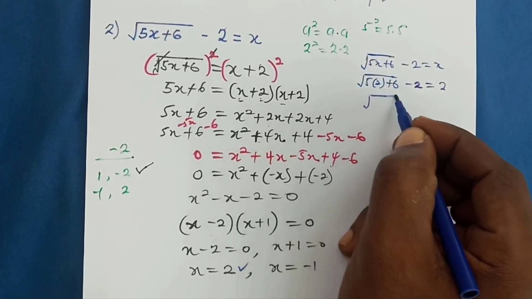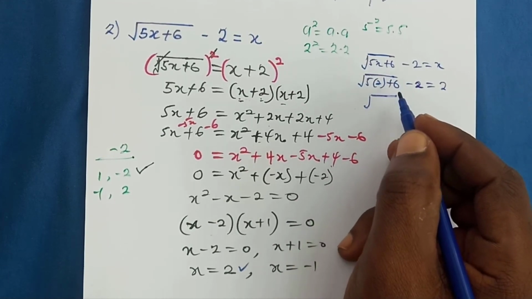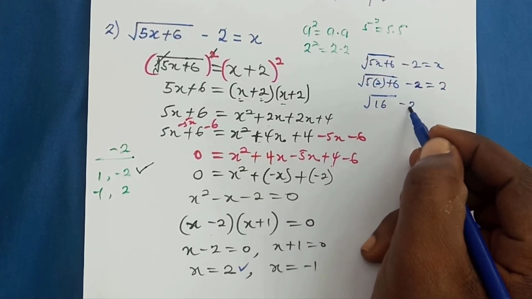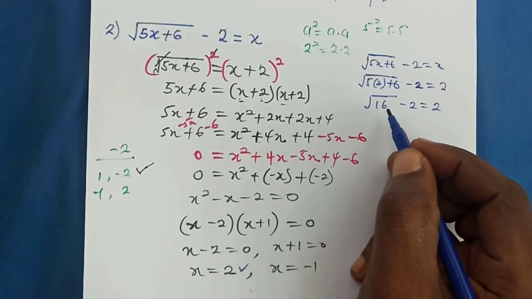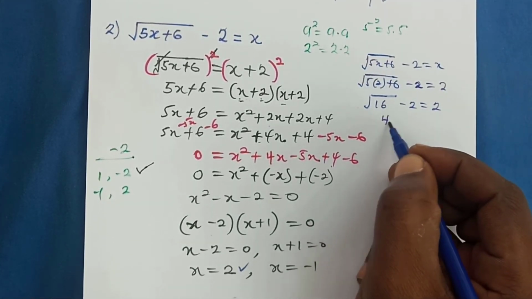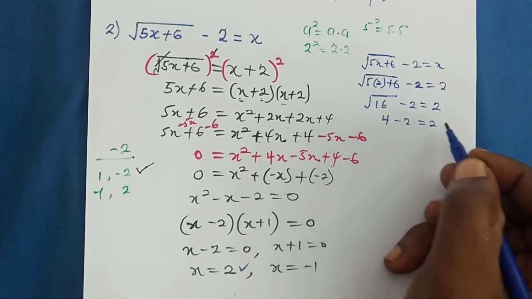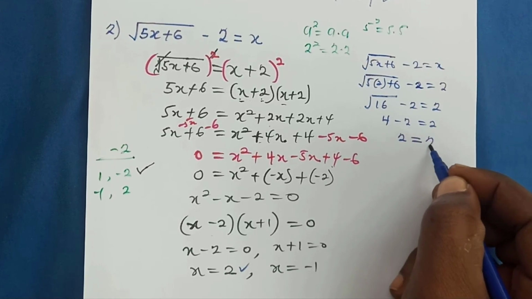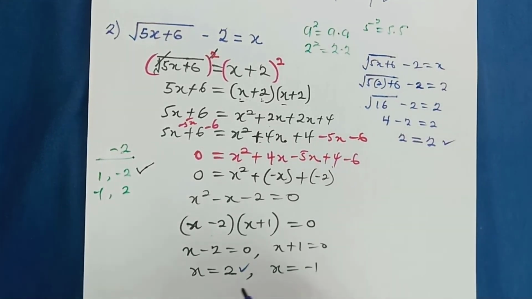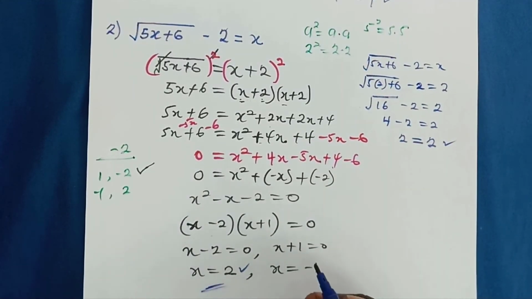The square root of 5 times 2 is 10 plus 6 is 16 minus 2. 16 is a squared number, and the square root of 16 is 4. Minus 2 is equal to 2. 4 minus 2 is equal to 2, and certainly is equal to 2. So x is equal to 2 is a solution.